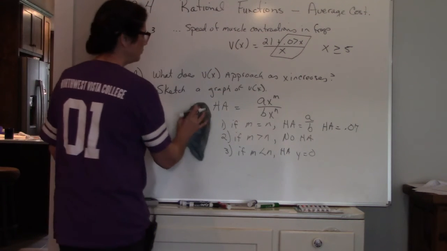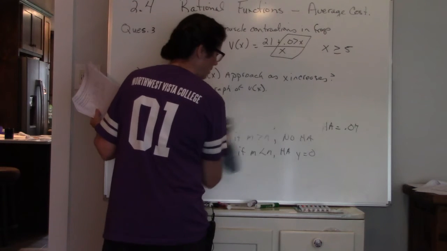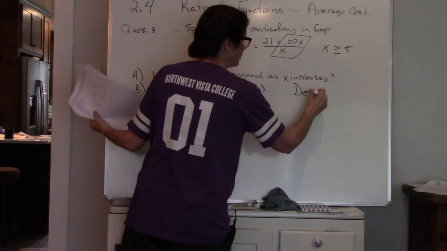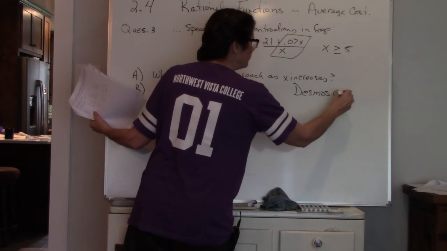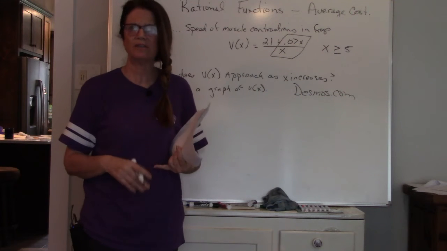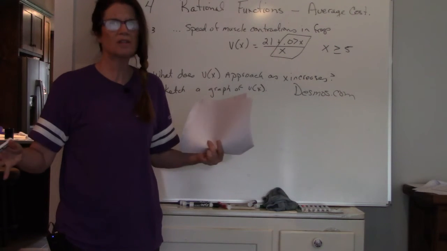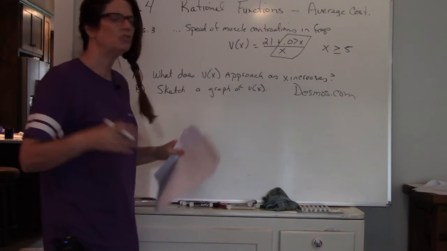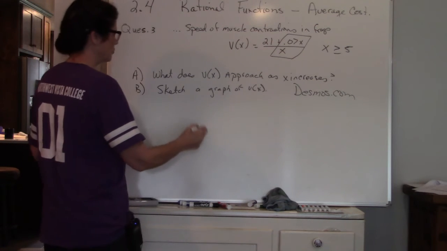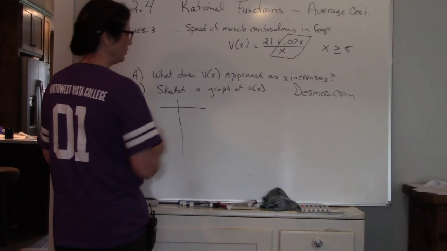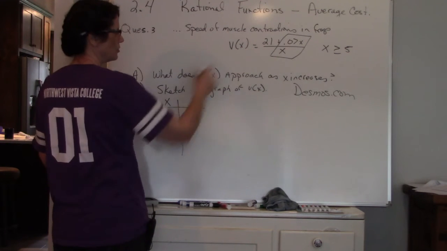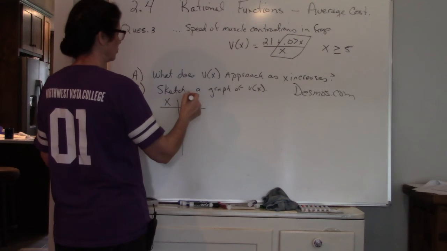So the graph, again, use Desmos.com. That one works really well. If you have a graphing calculator, a TI-84 or TI-83, you can use that to help you with this. But you do have an idea of what your graph looks like. So what we can do, if you don't have the graphing calculator, is we know that our x values are equal to or greater than 5.